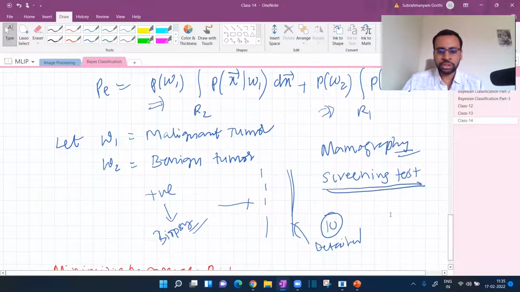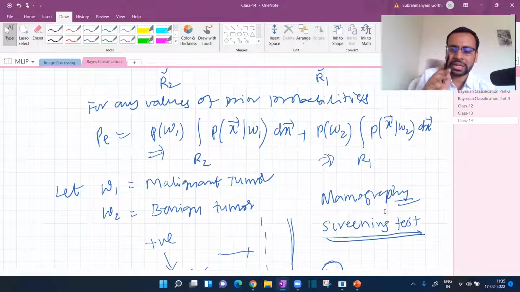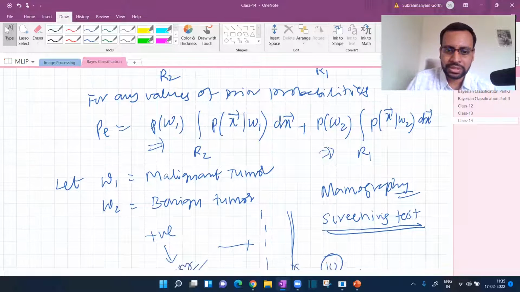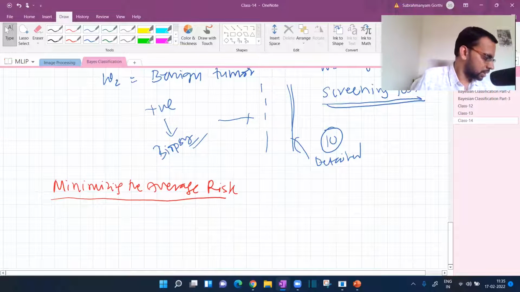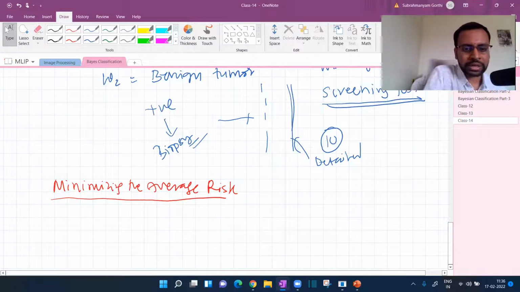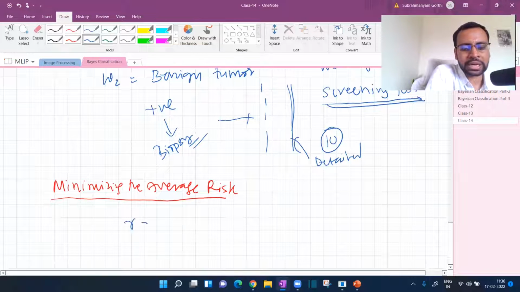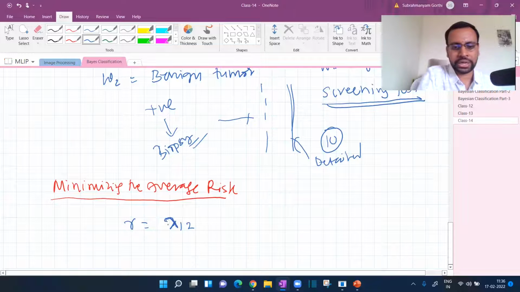Good. Now, for misclassification that occurs for class 1, I want to increase the penalty. It's very simple. Let me call this minimizing the average risk, and call it R. For misclassification of 1 into 2, let me put the penalty as lambda 1, 2 here.